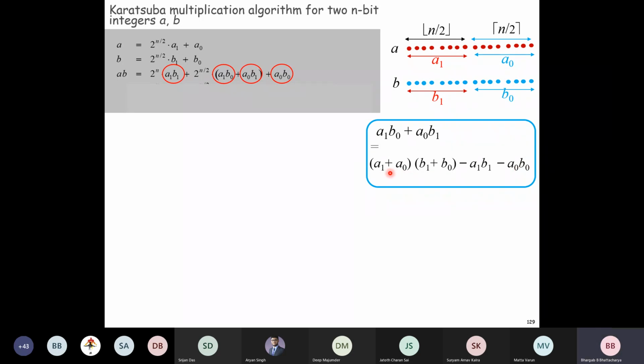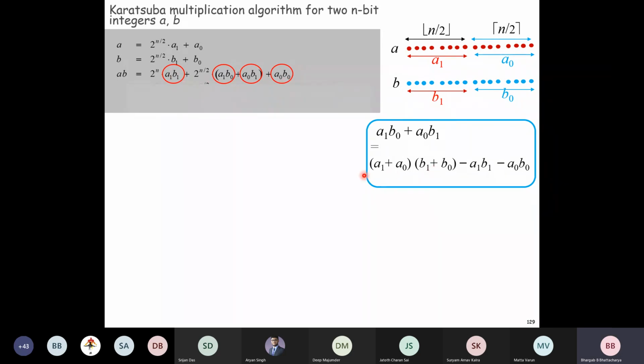And this sum: A1 and A0 is the sum of two n by 2 numbers, and similarly this is the sum of 2 n by 2 numbers. And this sum can be performed in linear time, right? And then we need to take a product of this. So how many distinct product terms do we have to compute? Here is 1, here is 2, and here is 3.